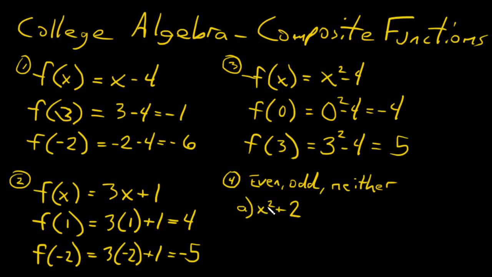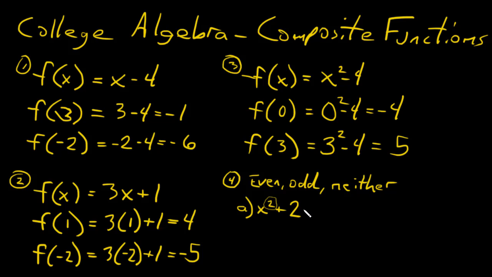The only thing we look at when we're trying to tell if a function is even, odd, or neither is the exponents for the variables. This one is a 2, so that's definitely even, but then we seem to be missing an exponent over here because there's no variable listed. That's because the variable is hiding.